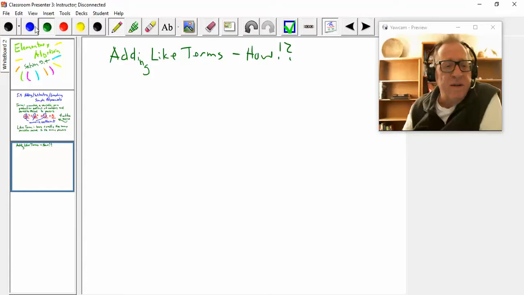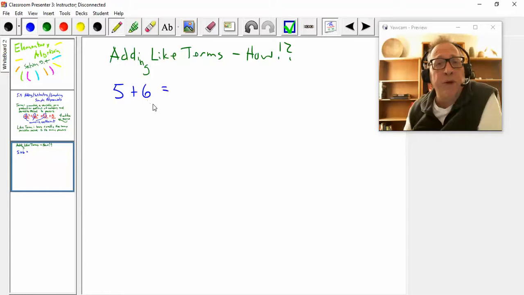Well, let's see. Back in, was it second grade, third, we learned that we could add two numbers together. We never asked about the rules, why we're able to add those two numbers. We just knew 5 plus 6 is equal to 11. Well, today, I'm telling you that we can add terms that are like terms.